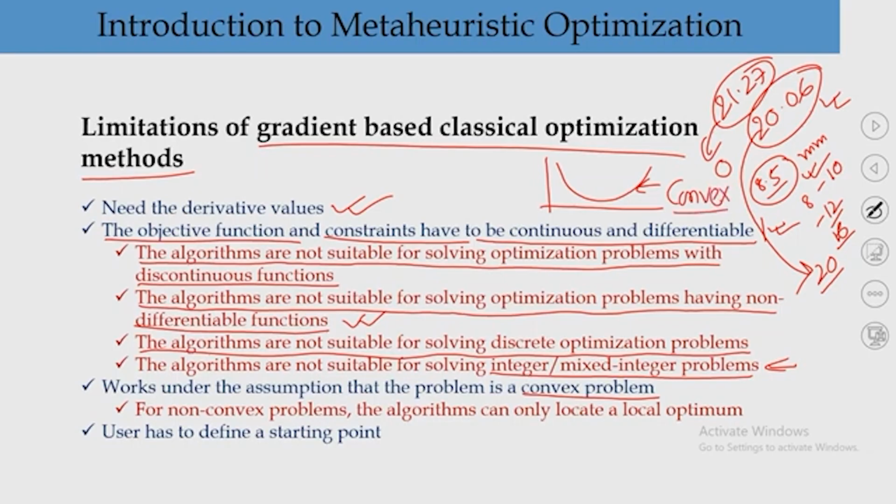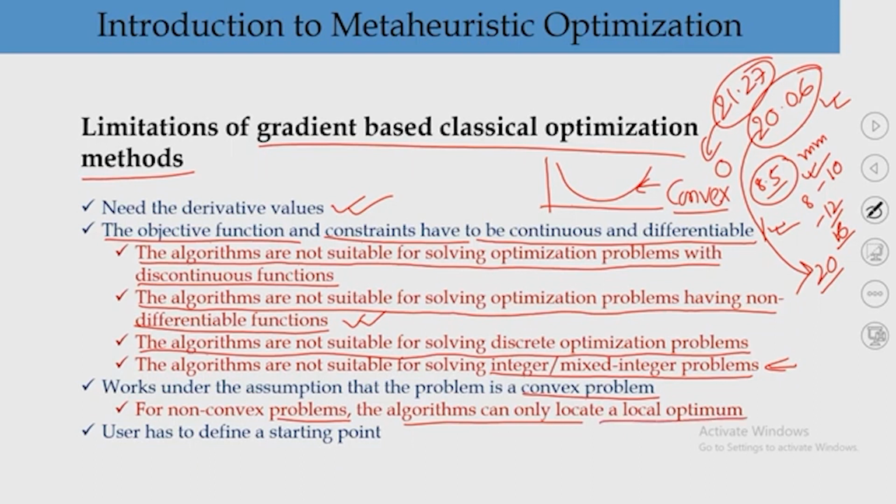We have already discussed what a convex function is and what non-convex functions are. So, these algorithms work under the assumption that the entire problem is a convex problem. For non-convex problems, the algorithm can only locate a local optimum.